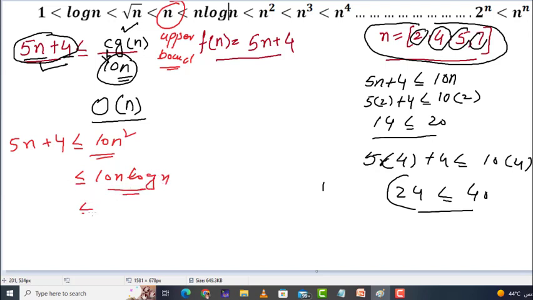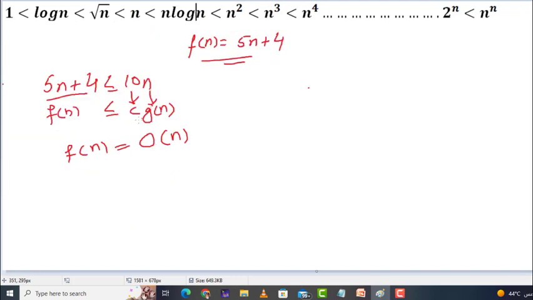If I put less than or equal to 10 n cube, again the condition will be true. So all these functions belong to the upper bound class, and I can represent this relationship with the upper bound.